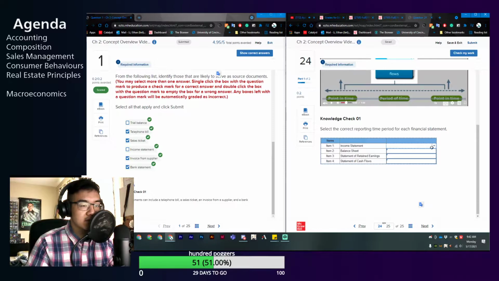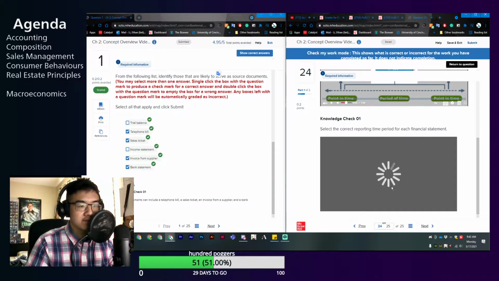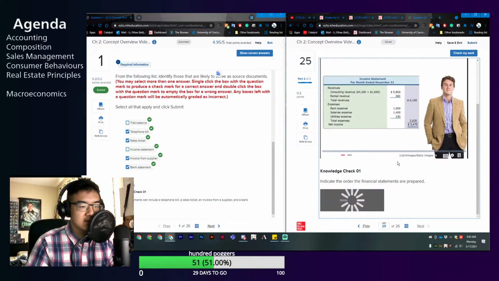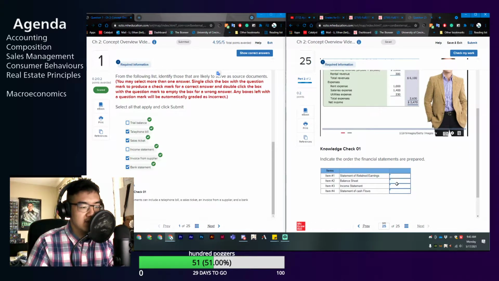Income statement, wait, okay, I know balance sheet was third. Oh, wait, that's not even this question. Okay, income statement is a period of time. Balance sheet is a point in time. These are both periods. Nice. Okay, now this is the one that I have a high chance of messing up.